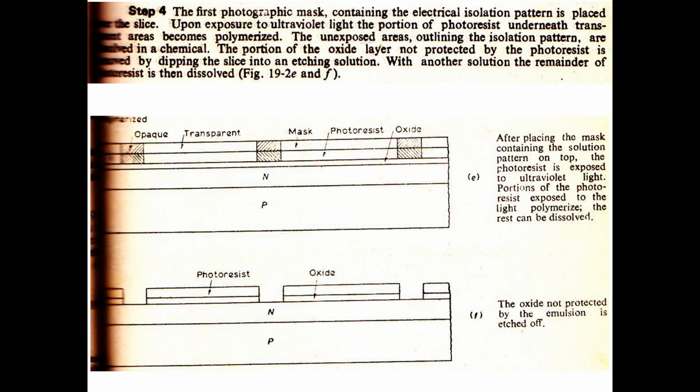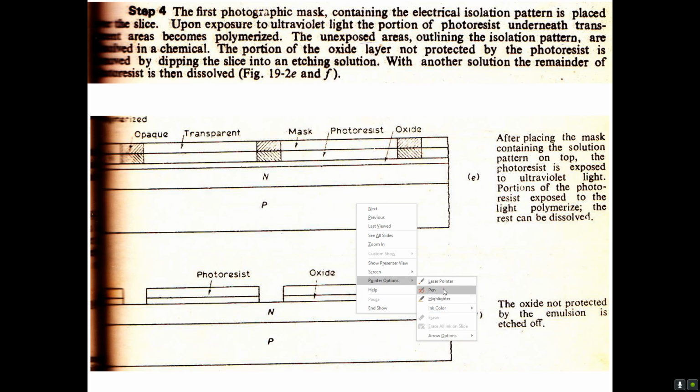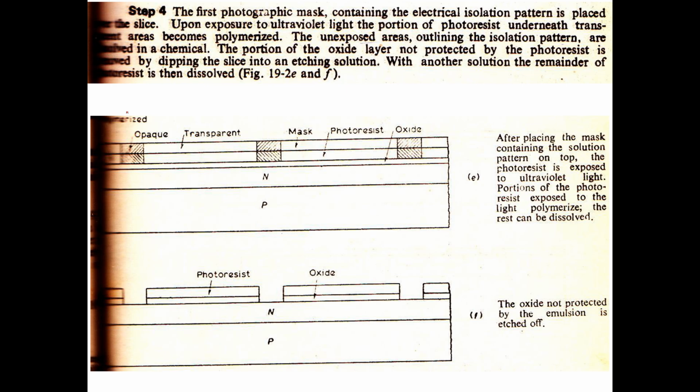So the first diagram shows, after placing the mask containing the isolation pattern on top, the photoresist is exposed to ultraviolet light.